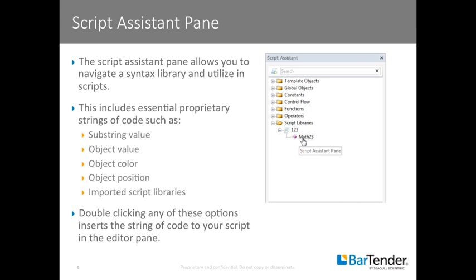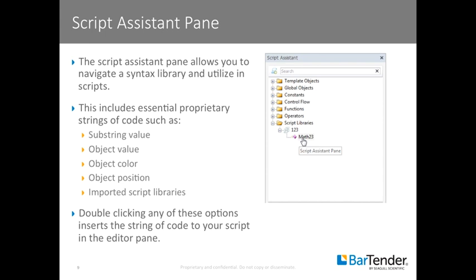It helps you make sure that you're not making any typos. So if we have, for example, a named data source inserted in our script library, we're able to just double click on it. The syntax is thrown into our editor pane, and we don't have to worry about any syntax errors.